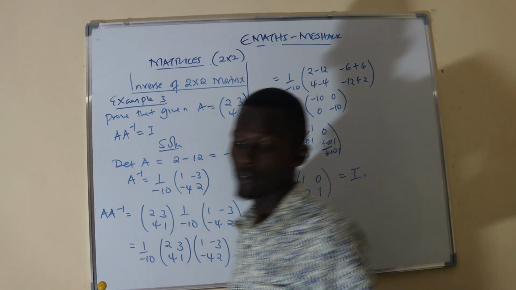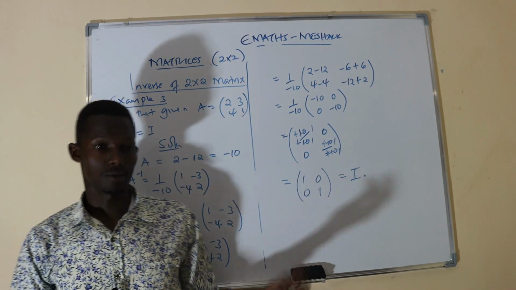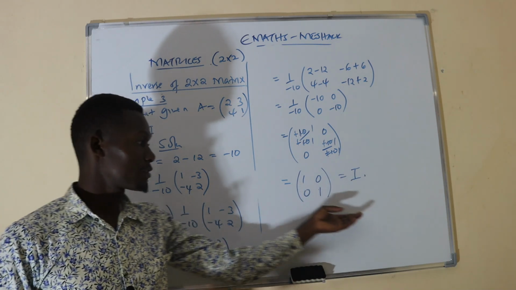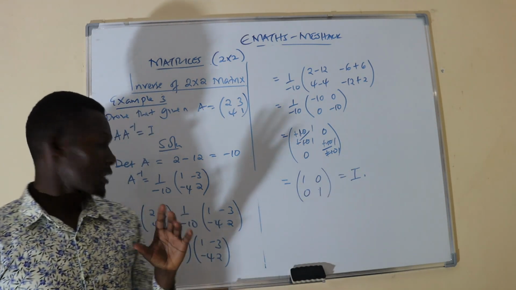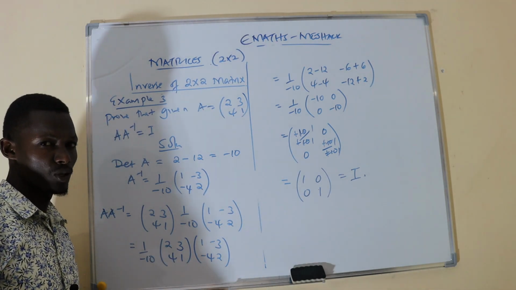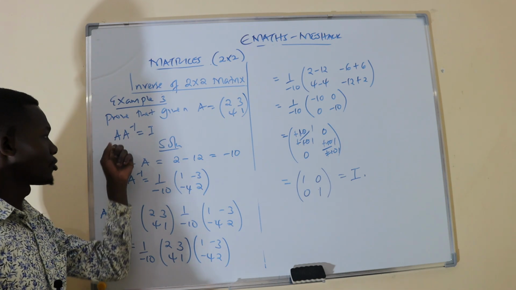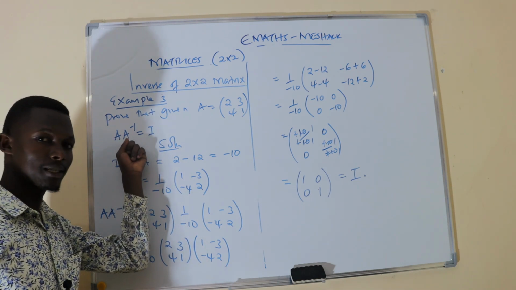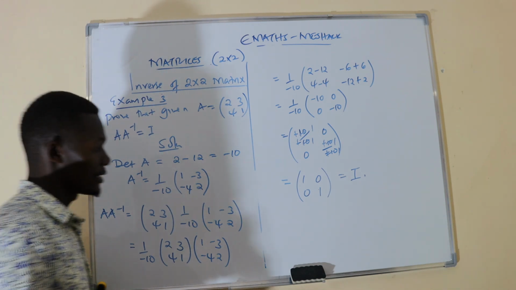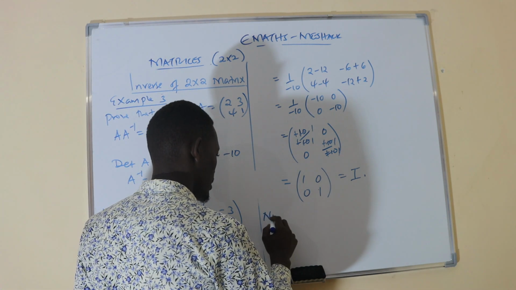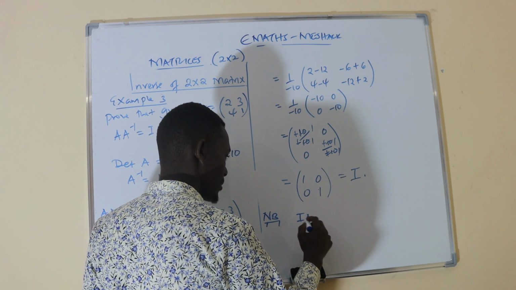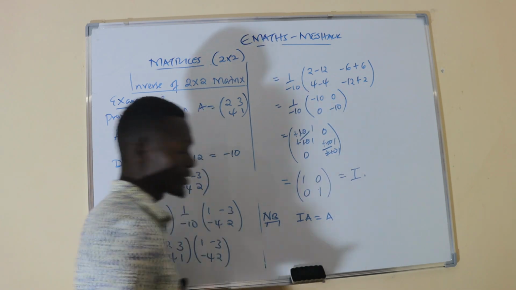This relationship is very, very important because we are going to apply it when solving simultaneous equations, since we will not have to calculate, knowing that a matrix times its inverse gives you the identity matrix. And something else to note also: when you multiply an identity matrix times any matrix A, it gives you the same matrix.